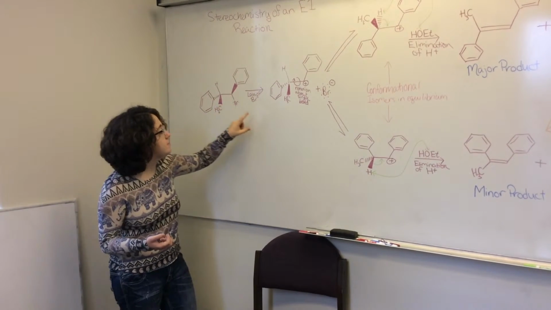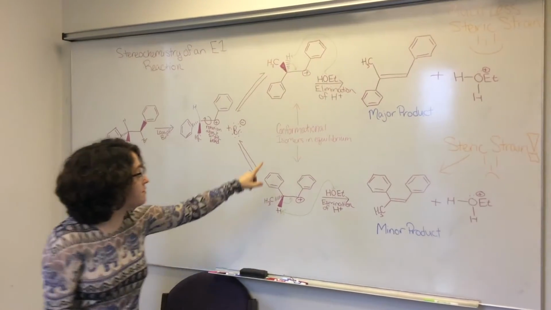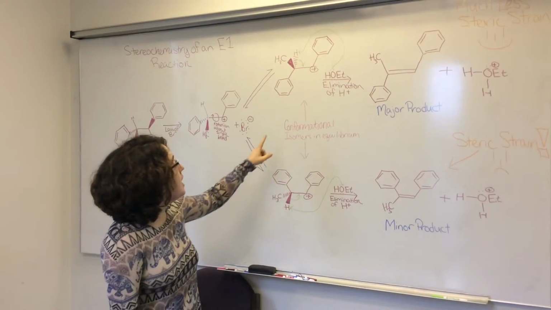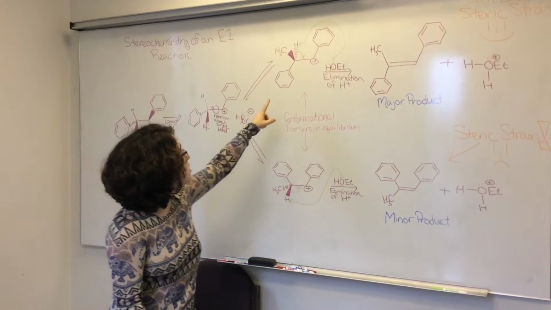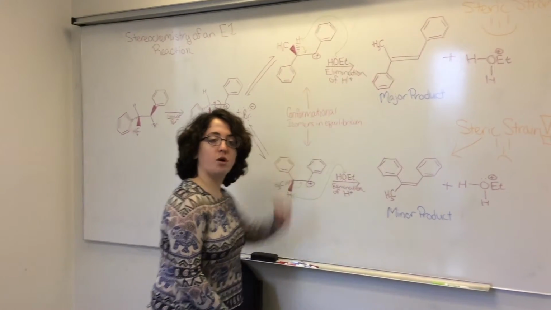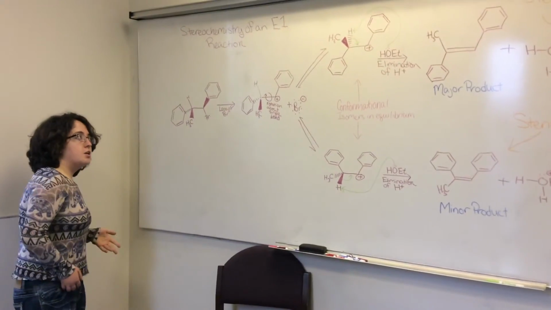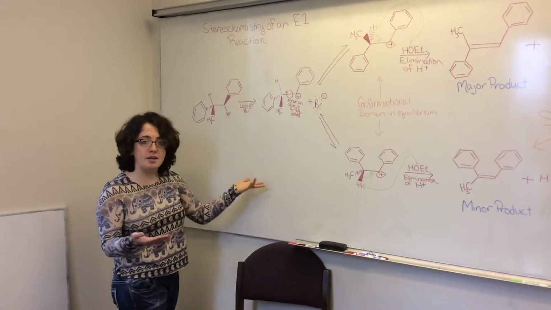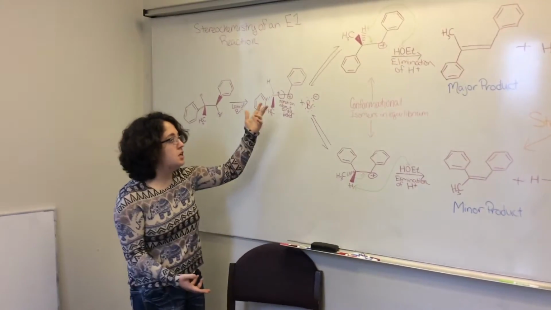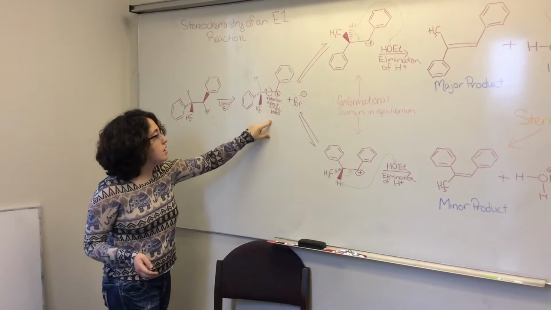So it leaves a carbocation, and we have our nucleophile that comes in and attacks the hydrogen, and thus leaves these electrons to form a double bond and give you the products. But now we're going to talk about why this diagram is so complex. If it just does that, then why do we have such different products? Because of right here.